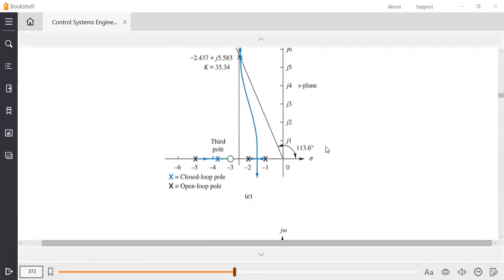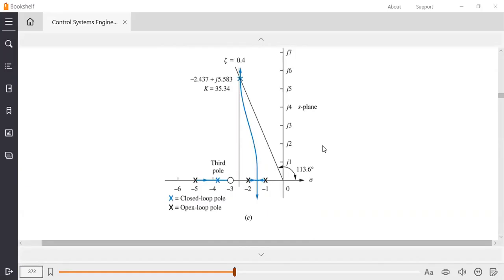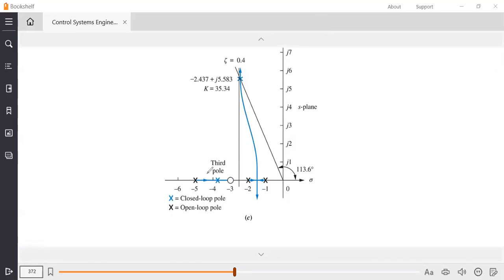In the next figure, the zero location is changed to -3. You have one root locus segment going from there, and these two are merging together, then one is going up and one is going down. You have a new intersection point, and based on it, this is your sigma d and this is your omega d.